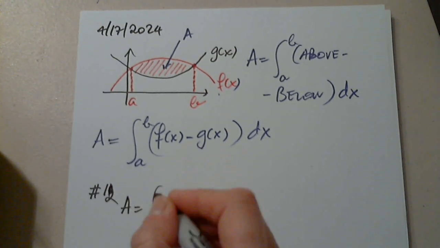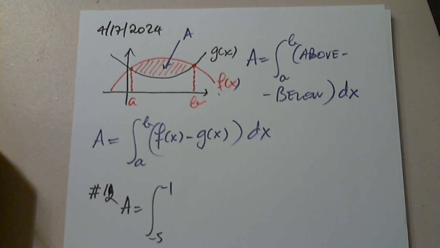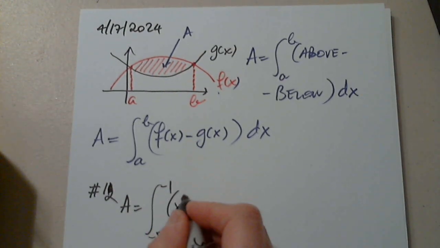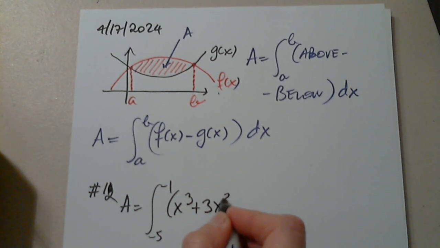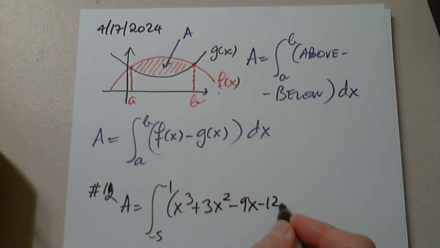Exactly, x equals -5 to x equals -1. From above. Above is f. So this is f: x cubed plus 3x squared minus 9x minus 12 dx, plus.